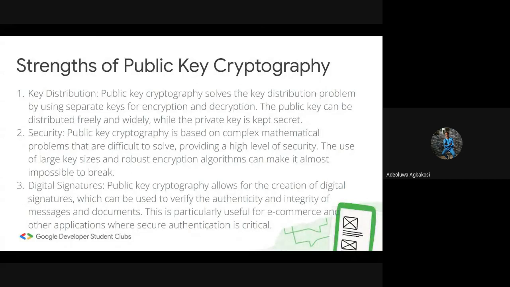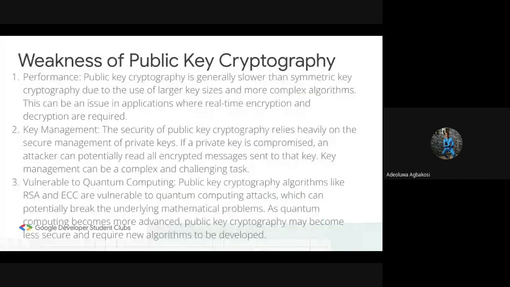Now, let's look at the weaknesses of public key cryptography. Performance. Public key cryptography is generally slower than symmetric key cryptography due to the use of larger key sizes and more complex algorithms. This can be an issue in applications where real-time encryption and decryption are required.